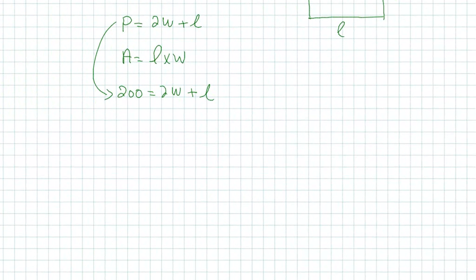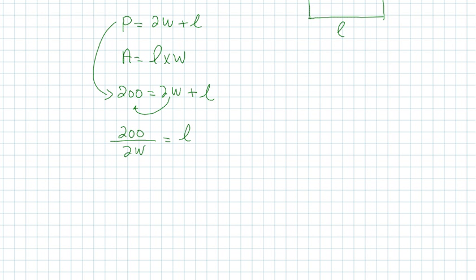It's only one move, so I'm gonna have to divide by 2W. So it's gonna be 200 over 2W equals L. Sorry, I made a mistake.